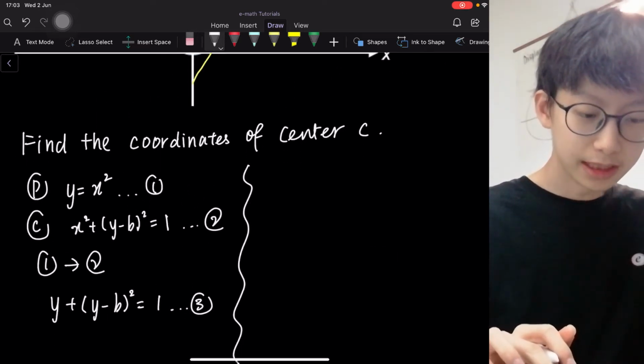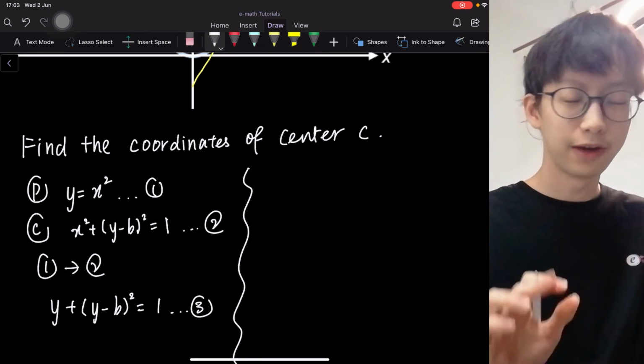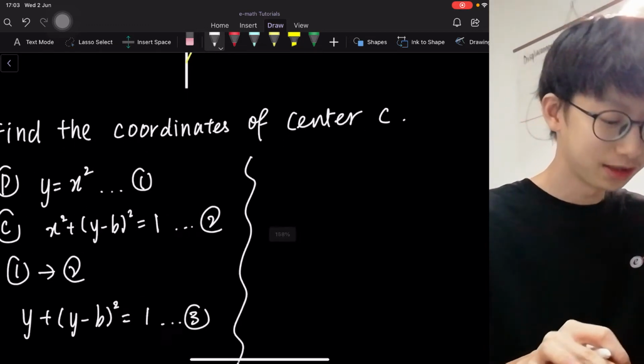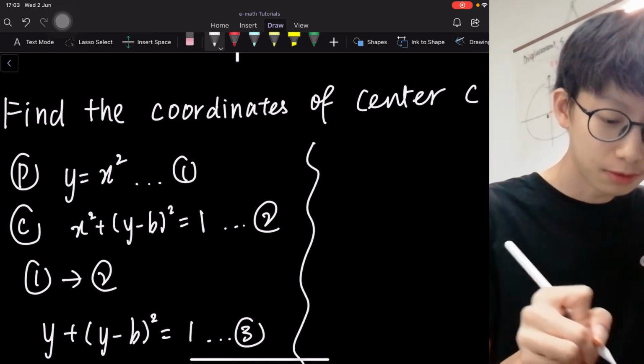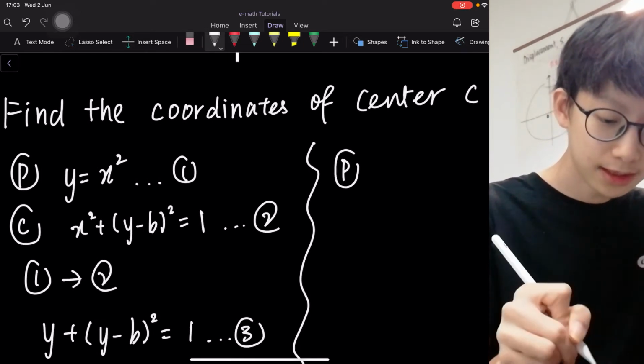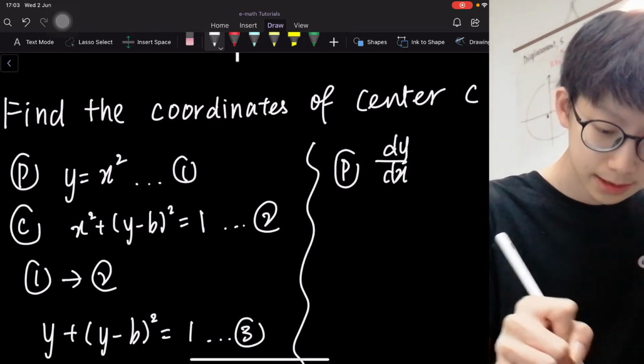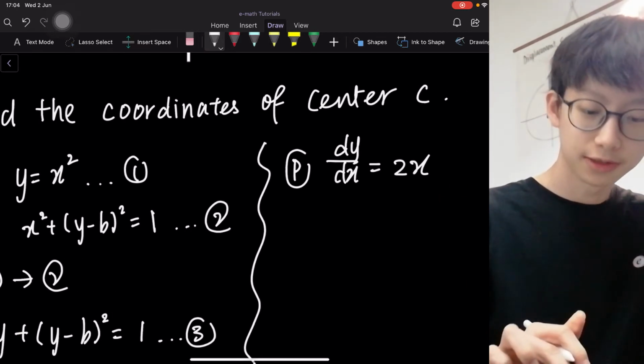Then what about the equation of tangent? Very simple, differentiate. So for the parabola, you differentiate this, you get dy/dx equals, bring down the power, minus 1.